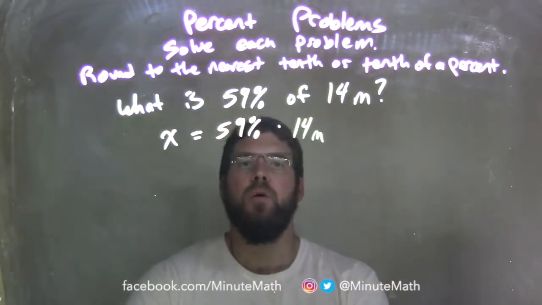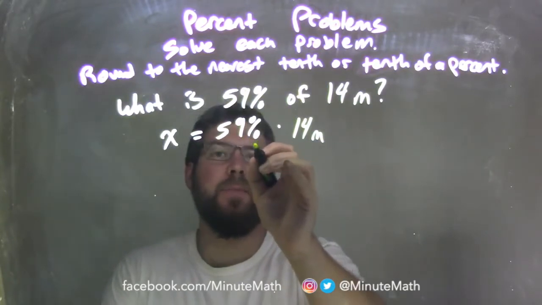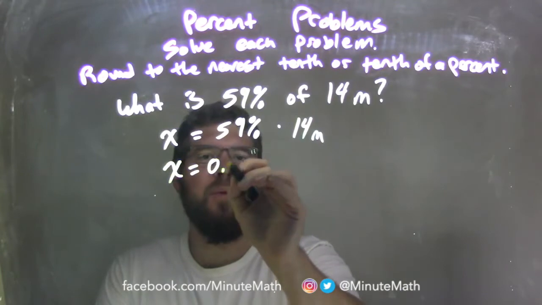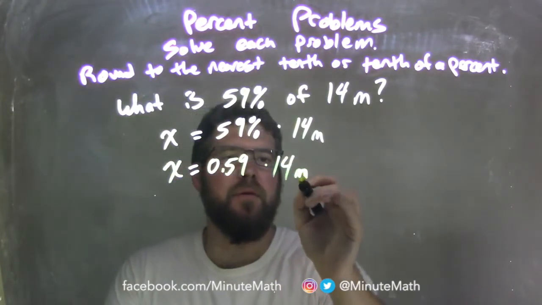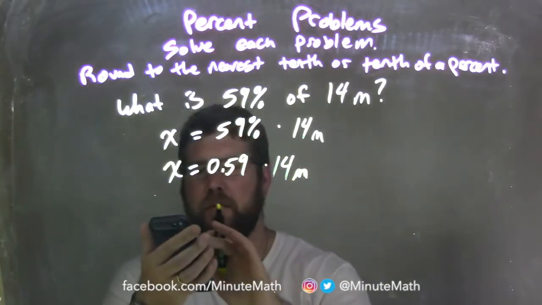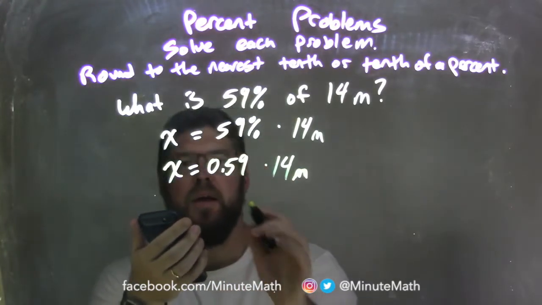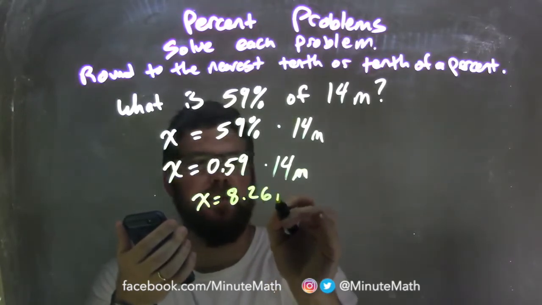Let's convert the 59% to a decimal. So x is 0.59 times 14 meters. Well, we use our calculator here. 0.59 times 14 gives me x equals 8.26 meters.